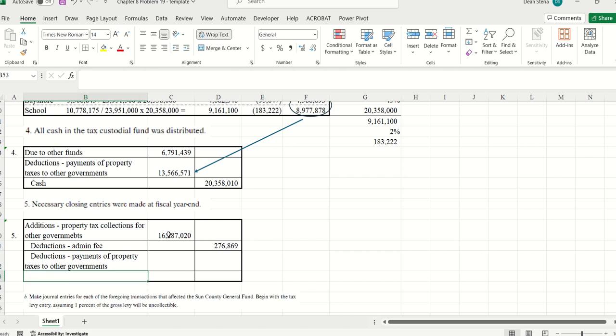And that's going to be right here. So we're going to offset that with the 13,566,571. And then the rest of it is going to go into our net position, restricted, for other governments.